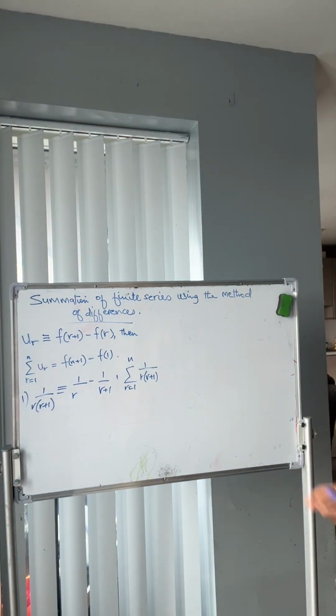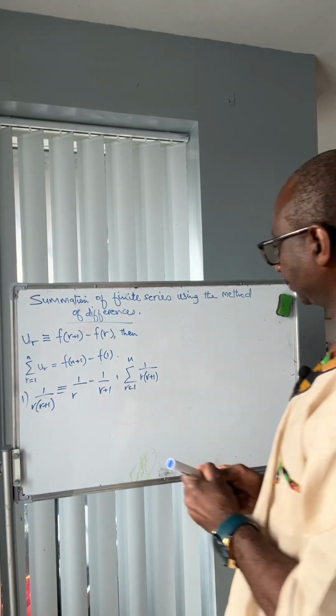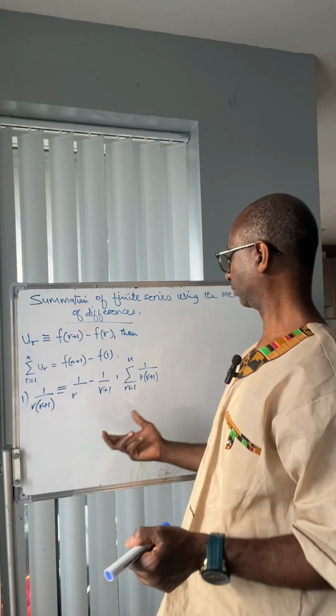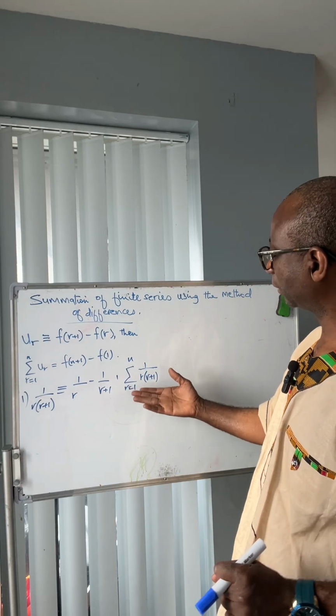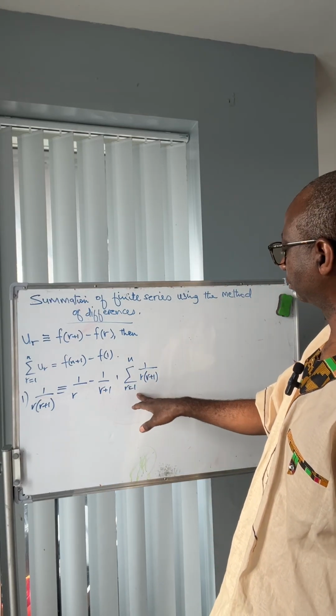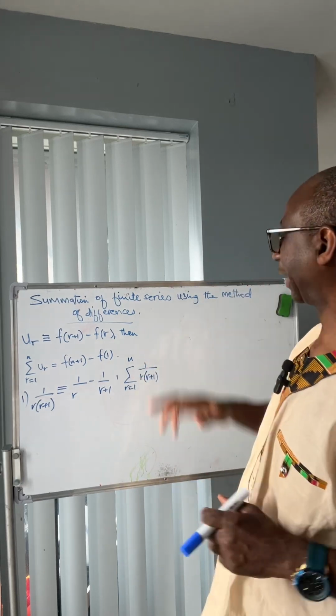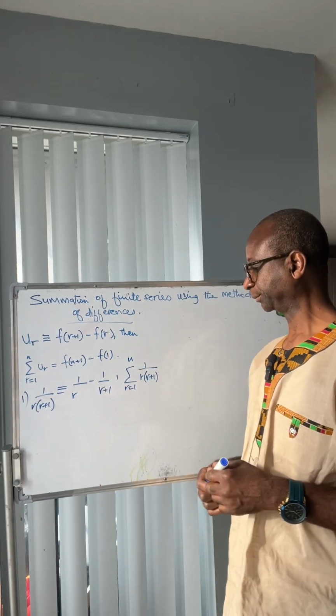That's the series. You are given the series here, and then you are given the identity. This part is the identity, this is the series. So more or less, you are looking for the sum of the series from 1 to n.